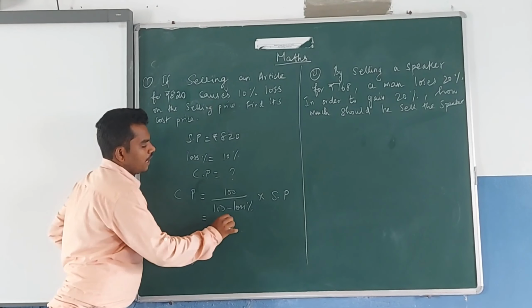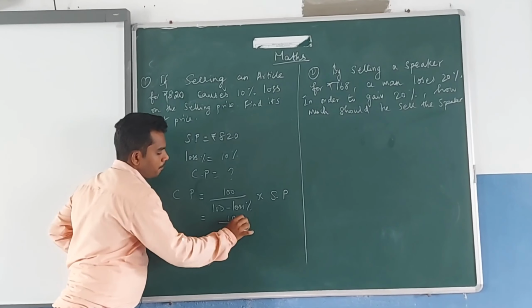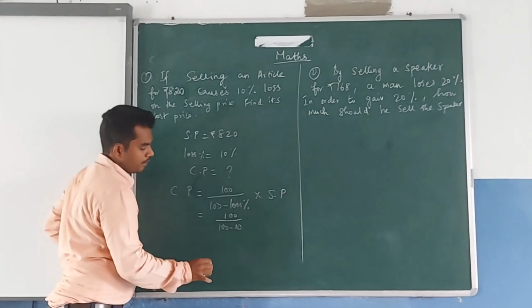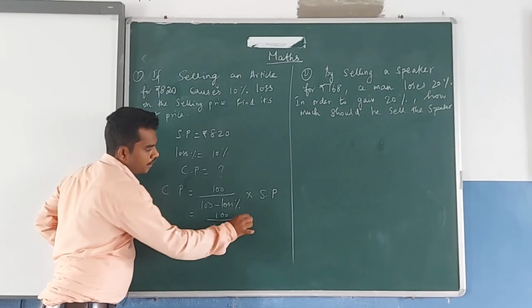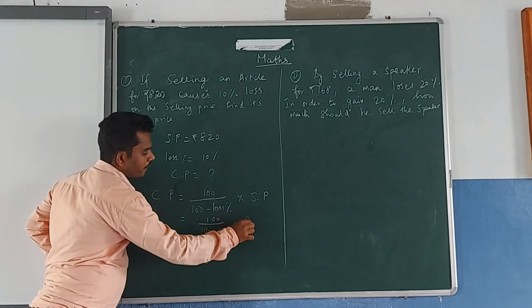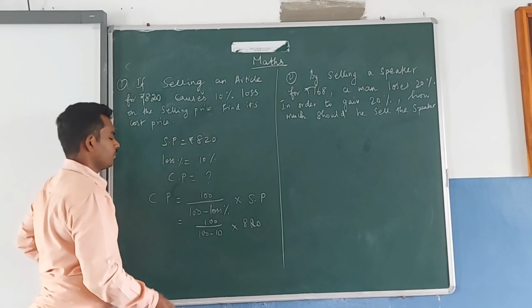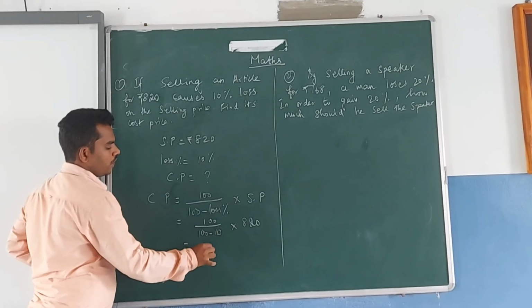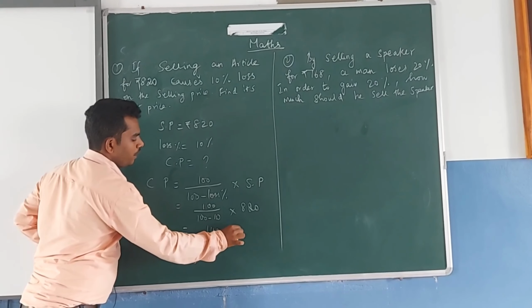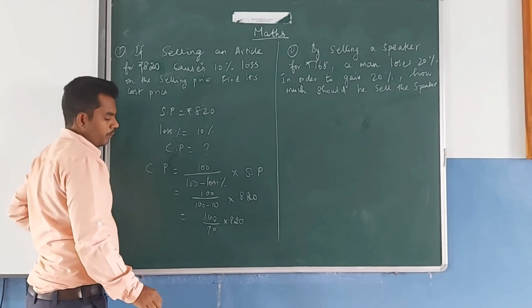So next 100 by 100 minus 10 into SP. SP is 820. So 100 by 90 into 820.